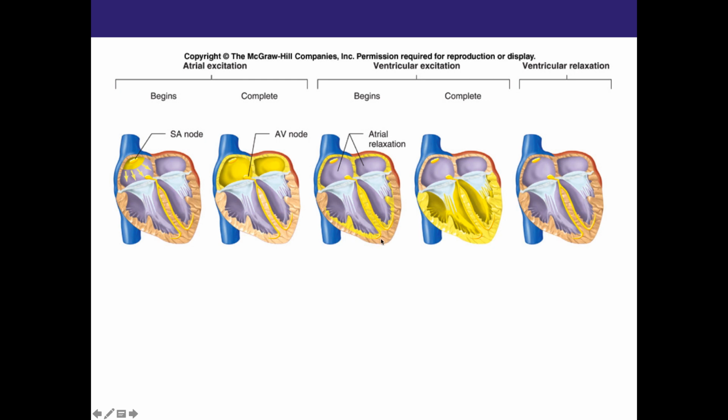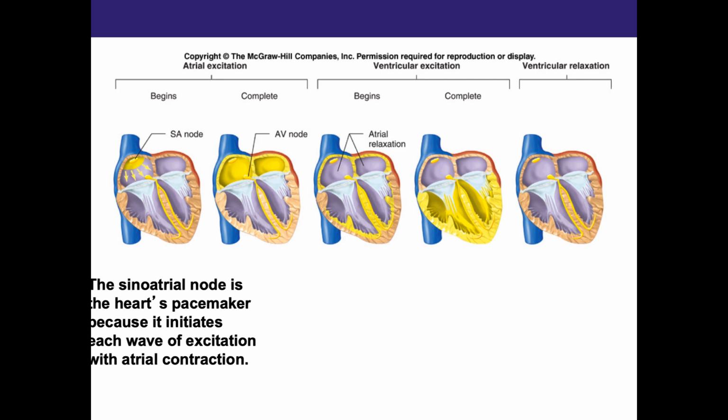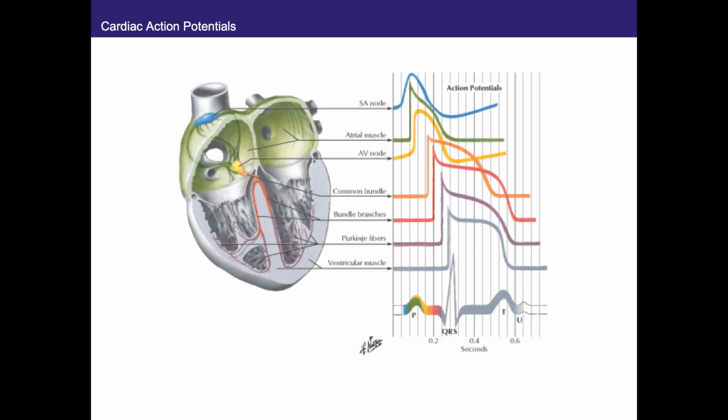Up the Purkinje fibers, and then this next panel shows you it sweeps through the ventricles. And then repolarization occurs going by the same pathway. The SA node repolarizes first, then the atria repolarize, AV node, left and right bundle branches, and then the ventricles repolarize.